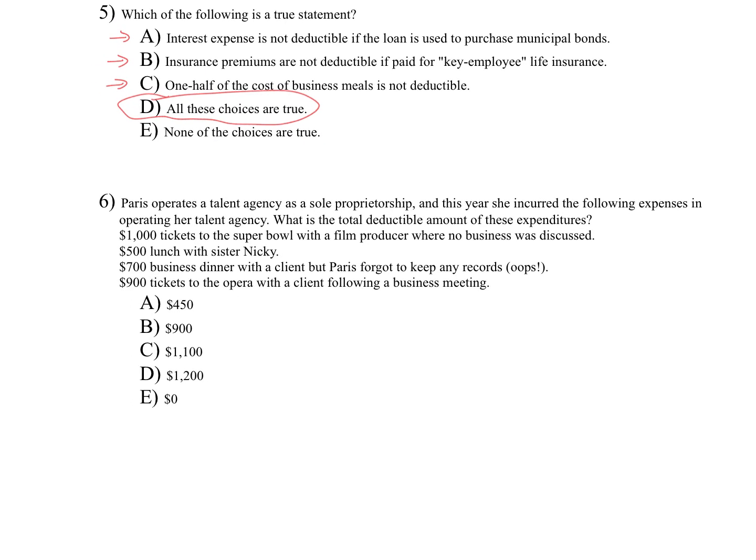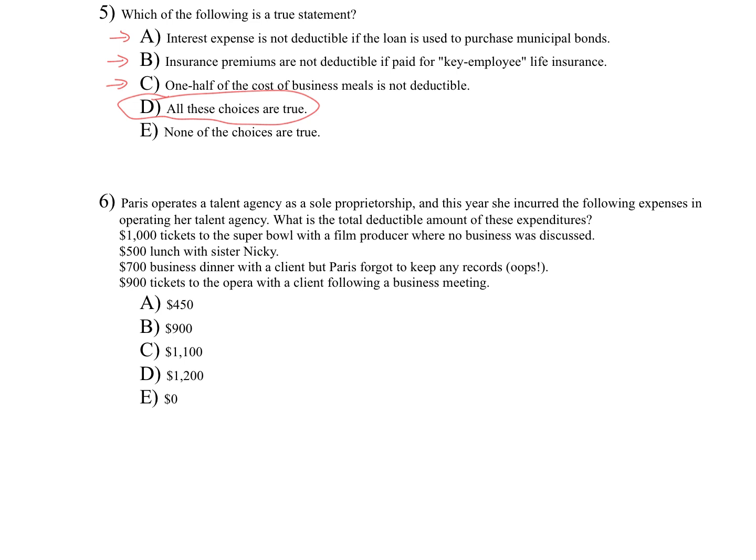All right. Paris operates a talent agency as a sole proprietorship, and this year she incurred the following expenses in operating her talent agency. What is the total deductible amount of these expenditures? All right, and so let's tick these off and take a look at each of the expenditures.